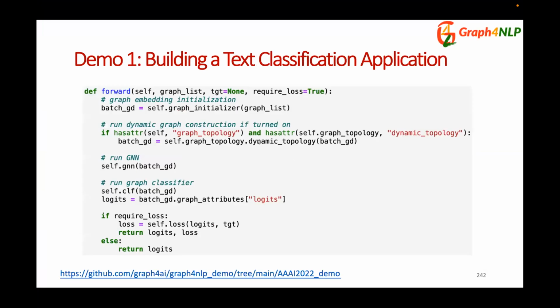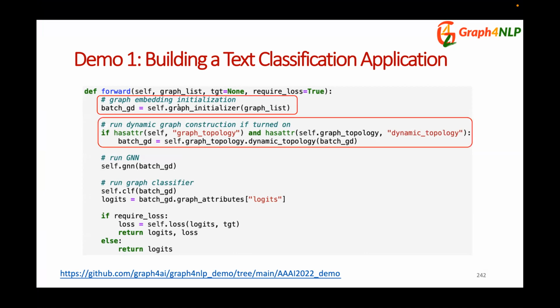So here's the model architecture. As we can see, here are some important components. For example, we will need to call the graph embedding initialization API to initialize the node embeddings. Optionally, we can choose to use static graph construction or dynamic graph construction.